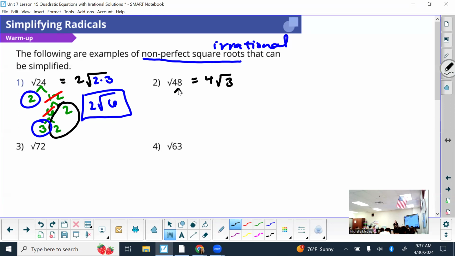So what are 2 numbers that multiply to 48? And both are not prime, so what does 8 break into? 2 is prime, 4 is not, 4 breaks into. All right, and lastly, 6 breaks into.